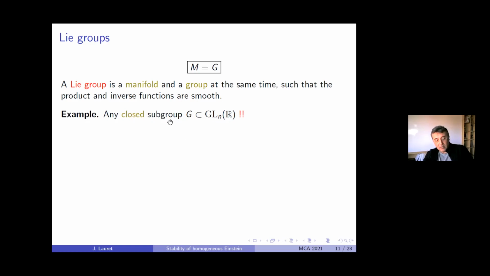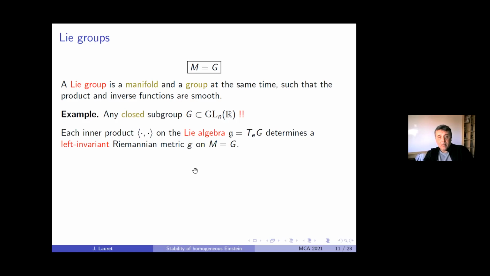It's really incredible. And not only is it smooth, it's a submanifold with the Euclidean topology, with the relative topology from GL(n,R), which is an open set in a vector space. And this example is much more than an example, actually. Most Lie groups are of this form.